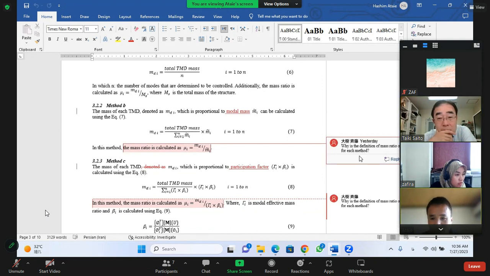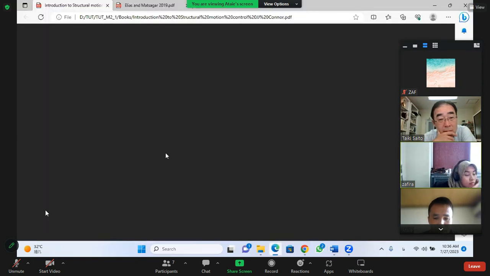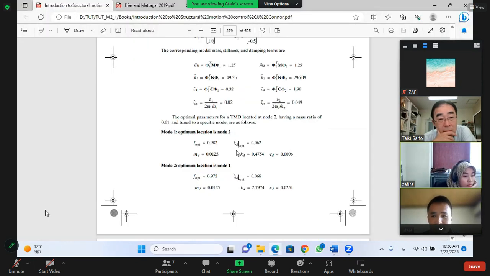the definition of TMD changes for each method. In this book, Sensei, the mass ratio is the mass of TMD divided by the modal mass of the structure. For example, this is the second mode, so the mass ratio is 1%.